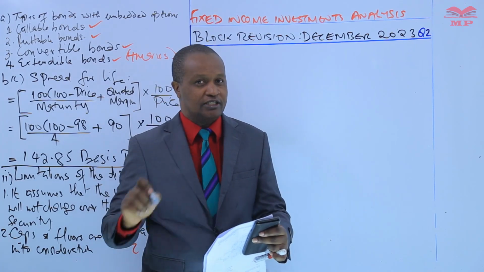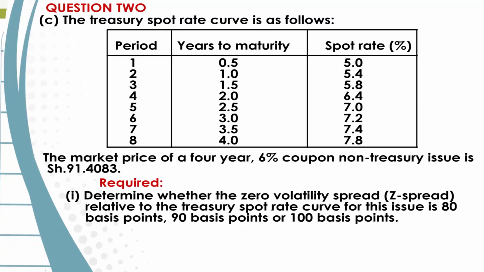That is the formula, candidates. To determine whether the zero volatility spread relative to the treasury spot rate curve is 80 basis points, 90 basis points, or 100 basis points, we are going to calculate the present values at an assumed spread of 80 basis points, 90 basis points, and 100 basis points.